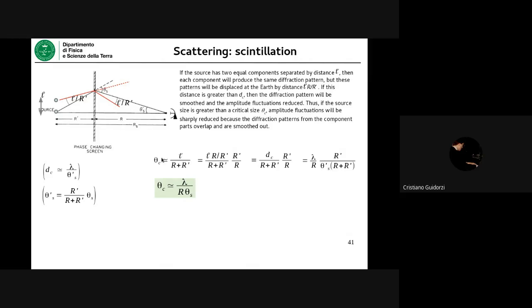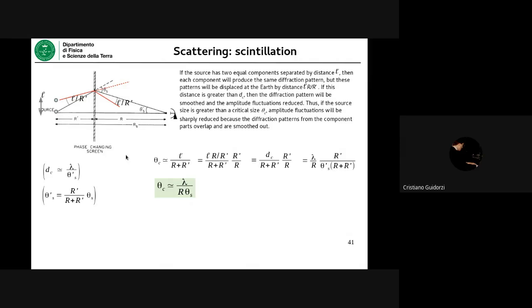So what's the condition? You can calculate theta c. It depends on the distance between screen and observer, on the wavelength you are observing, and on theta s. Theta s, in addition to depending on the wavelength, depends on the properties of the screen, so on the blob size and the width of the screen, and essentially not on the source.